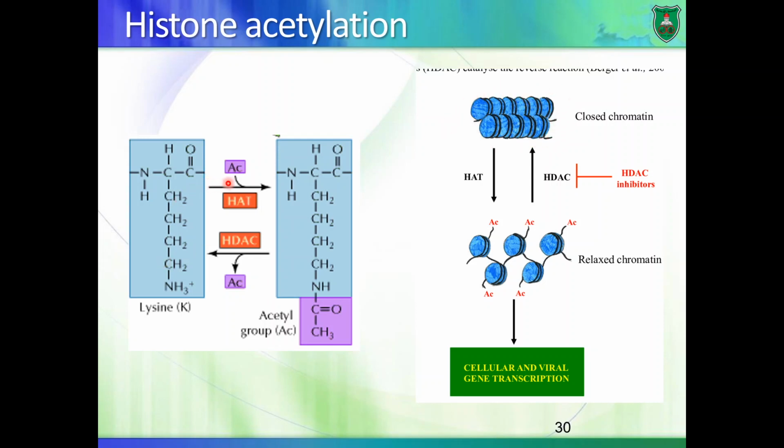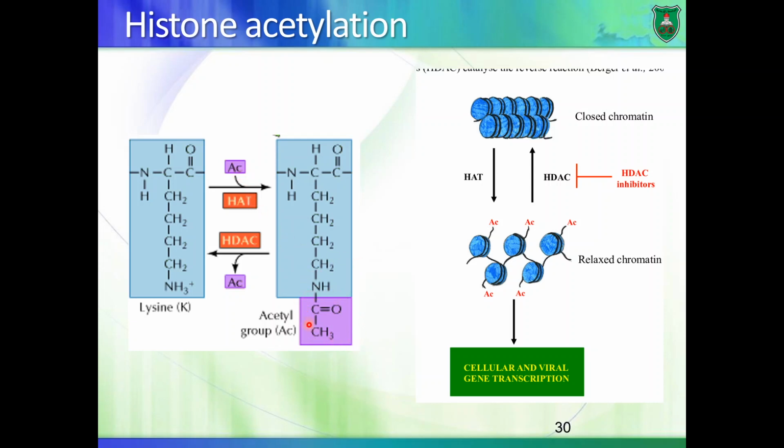Now what happens is the acetyl group is added to the positive charge right here by an enzyme known as histone acetyltransferase. So it transfers an acetyl group to histones. The acetyl group is added to lysine.